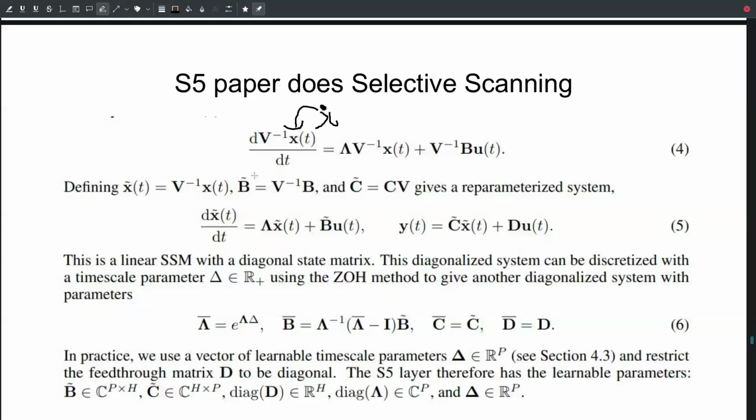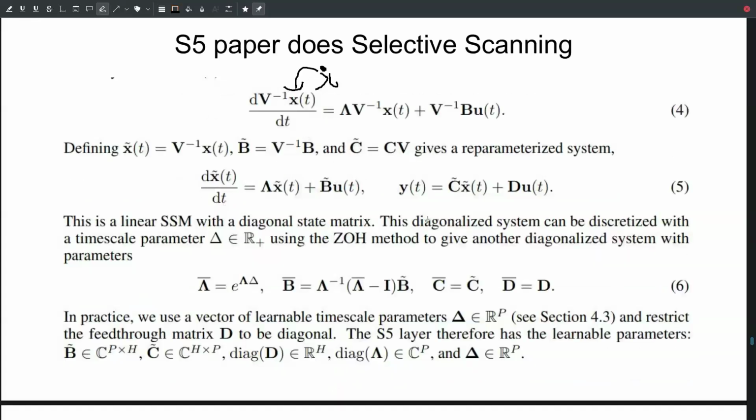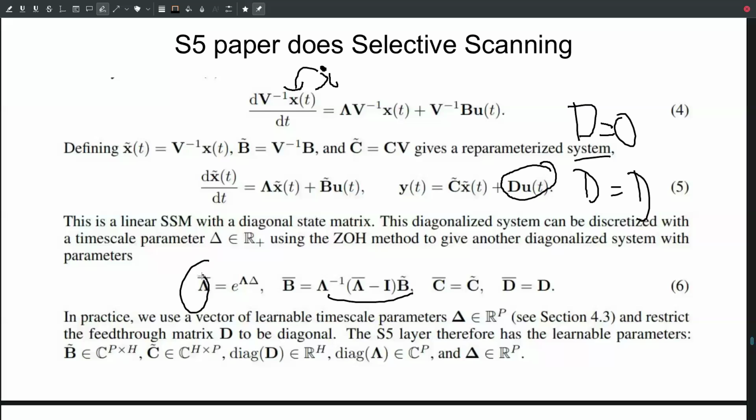In S4, they initialize D equal to 0, but here they initialize D equal to discrete of D, and here they apply the same bilinear transformation. And from a computation point of view, this will be an nn parameter, and this will also be an nn parameter, and this will also be an nn parameter.